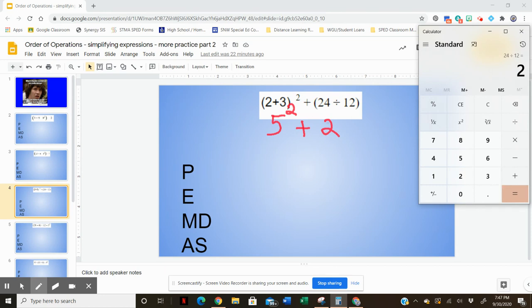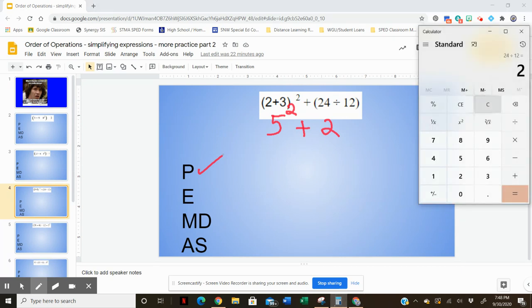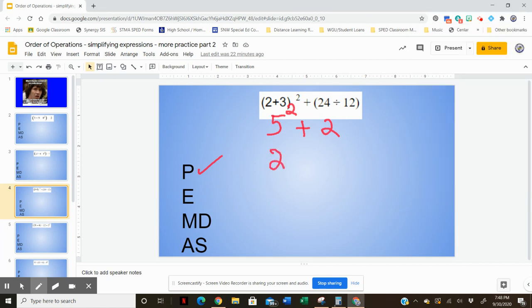So now we've got a problem. We're getting closer to solving. We took care of our parentheses. We have to look and see, do we have any exponents? We do. We have 5 squared. So 5 to the second power is the same thing as 5 times 5, and that's 25. 25 plus 2.